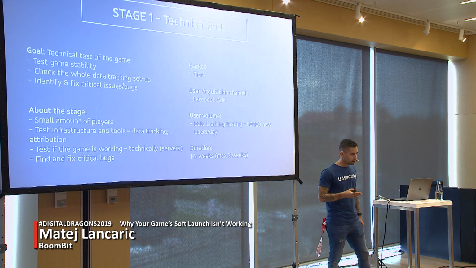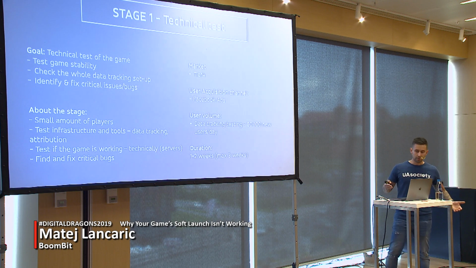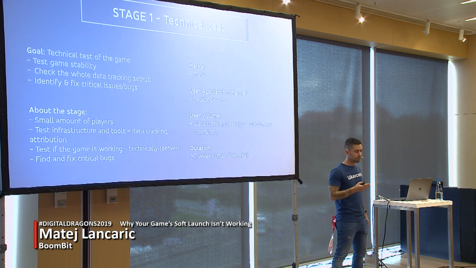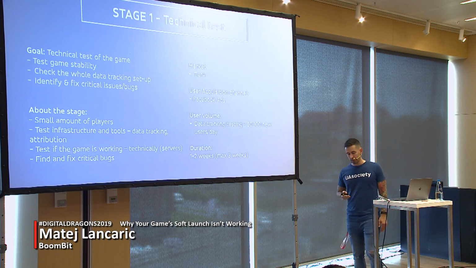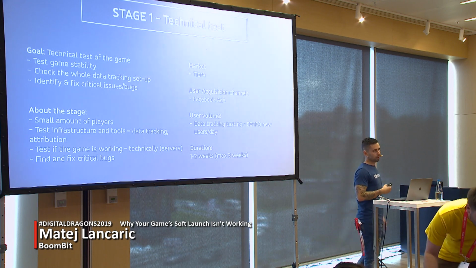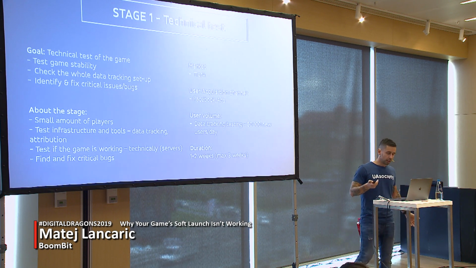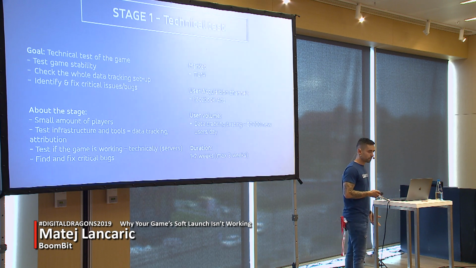For this stage, we usually pick tier 4 countries, like the Philippines or Mexico, where the traffic and the CPI is really low. You need a small amount of players, it should be around 1 or 2 weeks, and you don't need bigger budgets for this technical stage. You just need 50 or 100 new users to test everything.